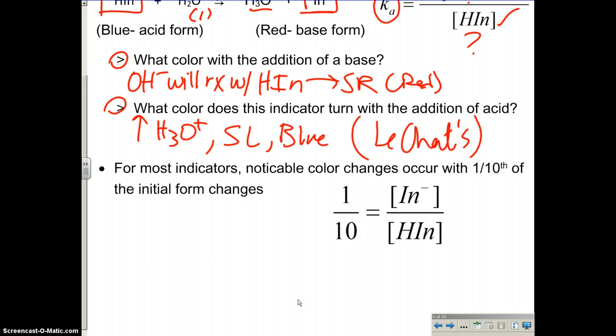So in this case, if the In- form was our red form, and the HIn, the protonated version, was the blue form, when one molecule for every 10 molecules present changes color as a net change, then we can see that color change and we would call that our endpoint. This is important on the next slide.